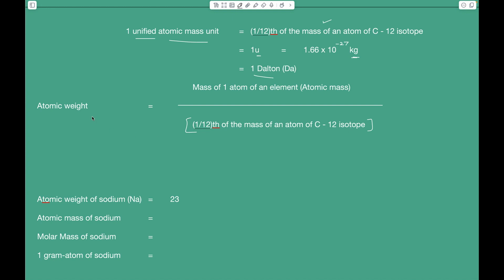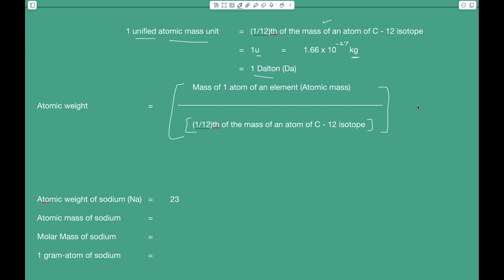So by definition, atomic weight is the ratio between these two masses. Because we have the same physical quantity, mass, both in the numerator and the denominator, we will have the same dimensions both in the numerator and the denominator, and they get cancelled. Therefore, atomic weight is a dimensionless number.